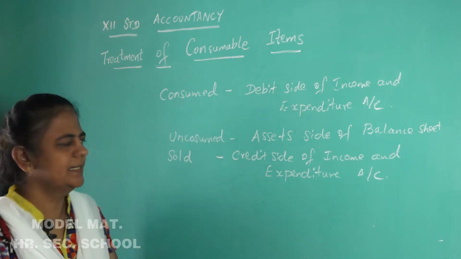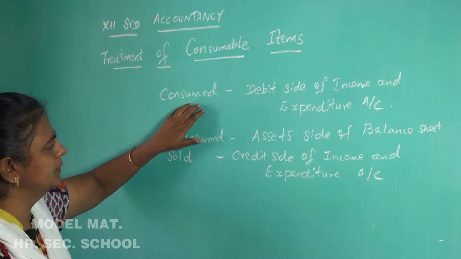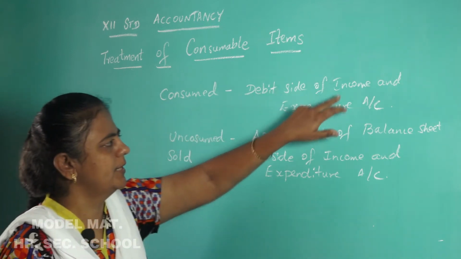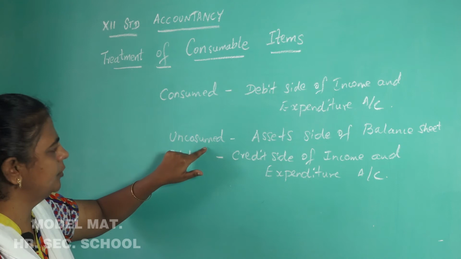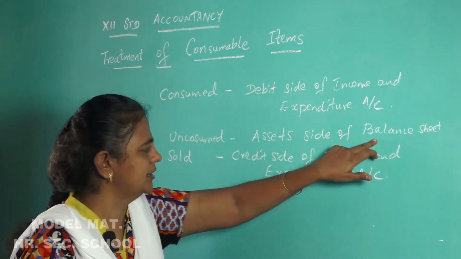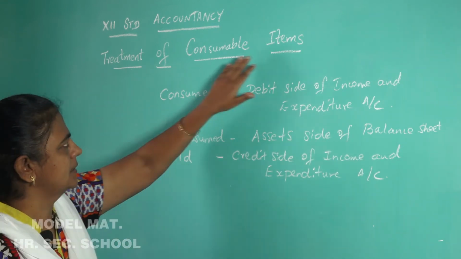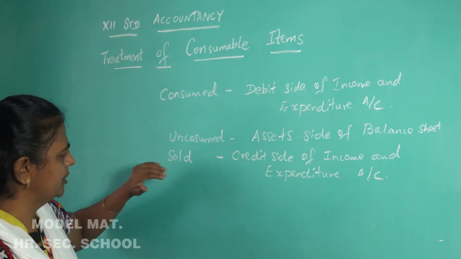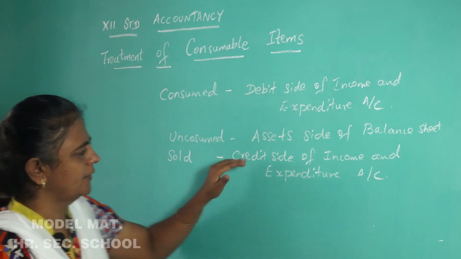Okay. So, consumed, put it on the debit side of income and expenditure account. Unconsumed should be shown on the asset side of balance sheet. Consumable items which are sold will be shown on the credit side of the income and expenditure account.